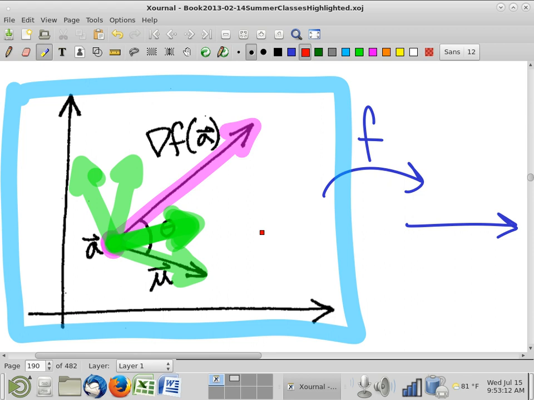Okay. You could view this differently as, suppose we were looking at the graph of this function. So instead of domain here, target there, let's suppose that the domain is the xy plane, the horizontal xy plane, and then the output represents height, in which case the graph is a surface, some sort of hilly, topographical shape.